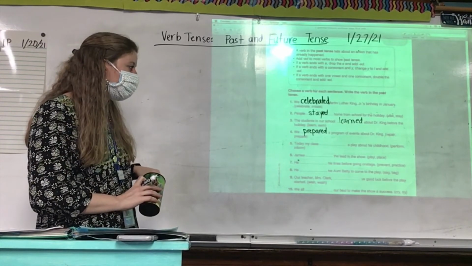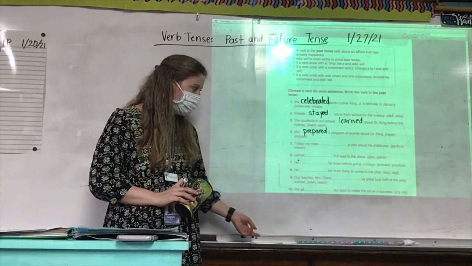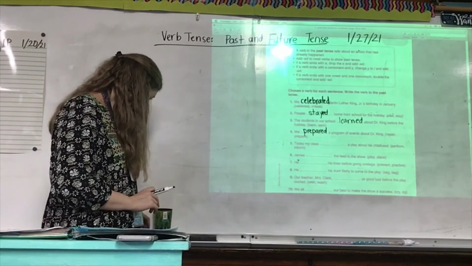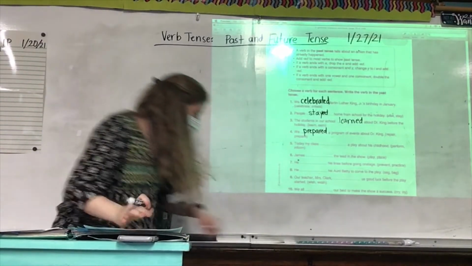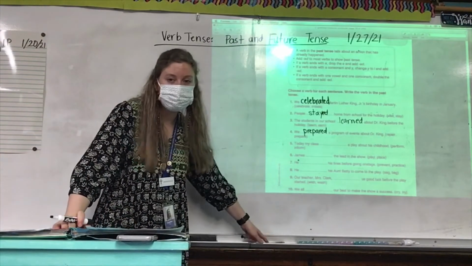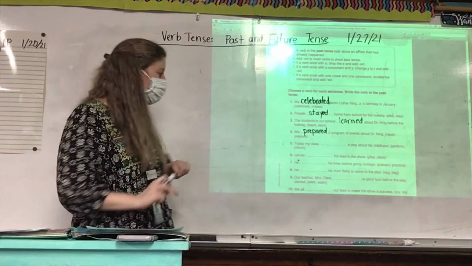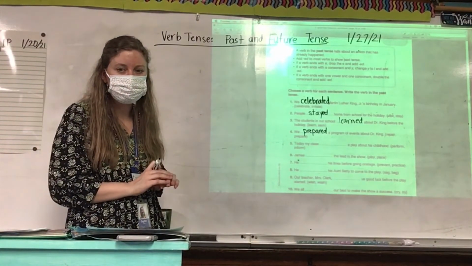Number 5. Today my class blank a play about his childhood. Is it perform or inform? Victoria. Hold on, you already got to do one of these. I mean, normally I would just call you again if it was reading, but since we're doing... Zari, did you get to do one yet? Okay, Zari. Is the correct verb perform or inform?